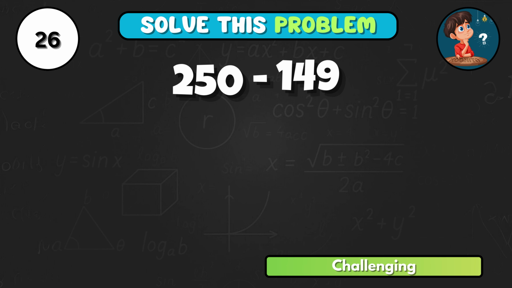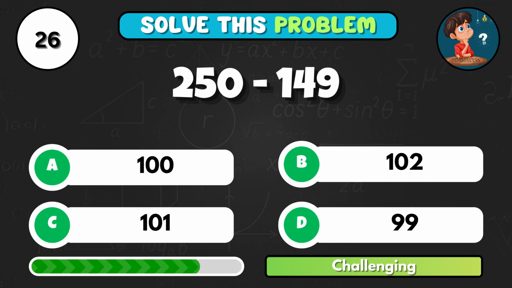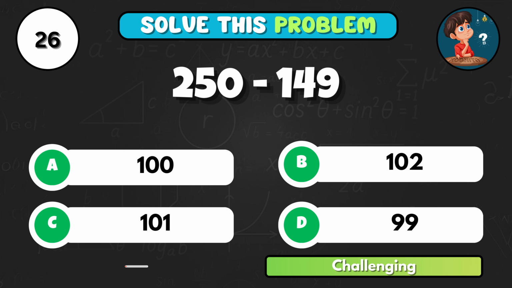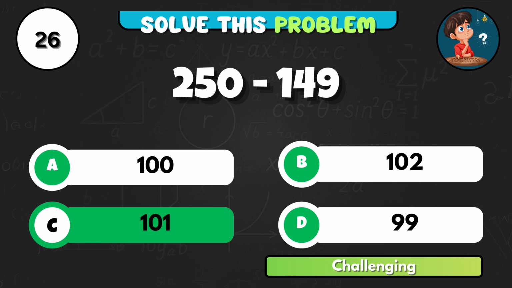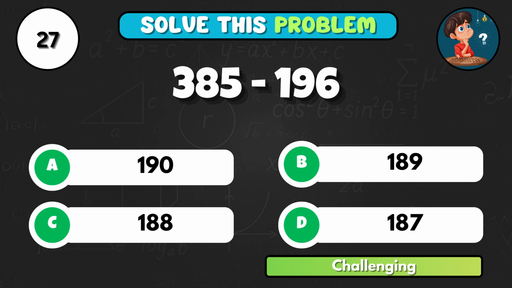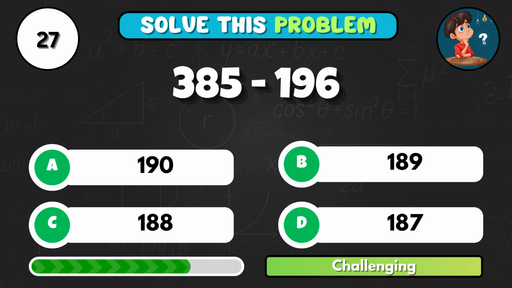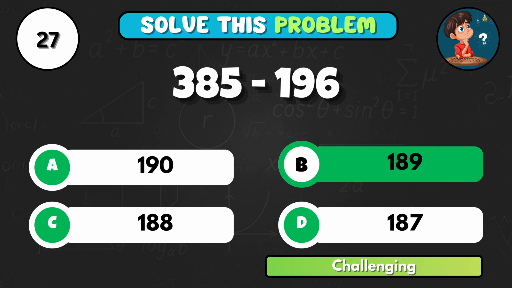Take 149 away from 250. Option C is right. The result is 101. What is 385 minus 196? Answer is B. That comes to 189.